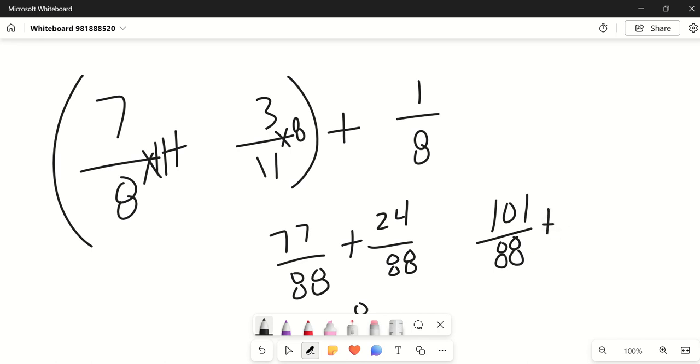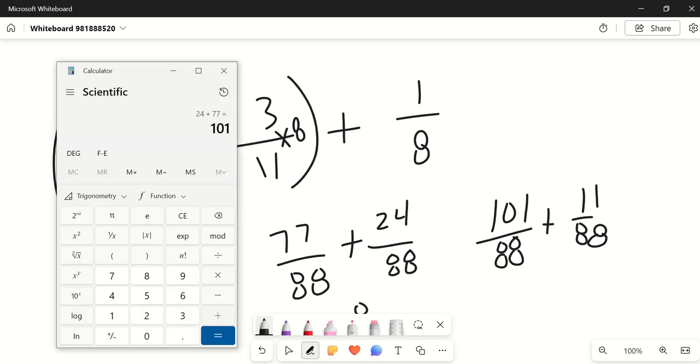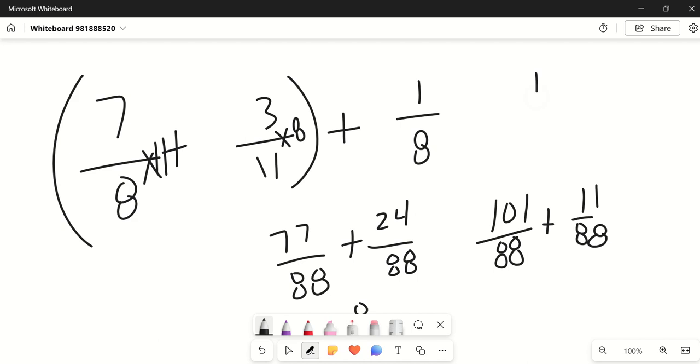Now we're going to add 1/8 to this. I'm not even going to convert it yet. In order to make them both out of a denominator of 88, multiply them both by 11. 101 plus 11 equals 112 over 88.